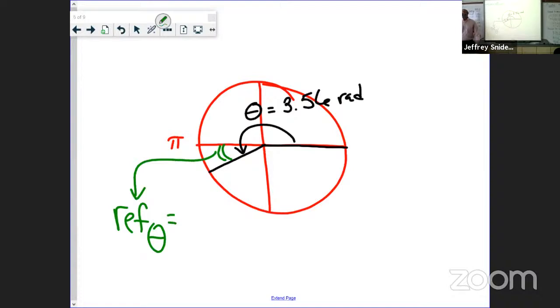How would I find the reference angle? Now think. What do I know? I know that theta is equal to pi, here's pi, plus the reference angle. So how would I find the reference angle then?